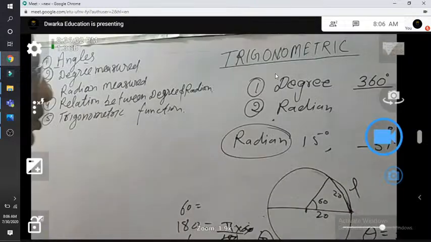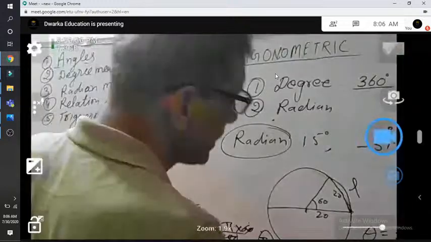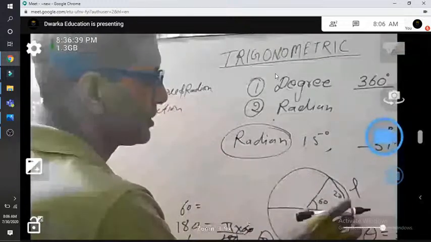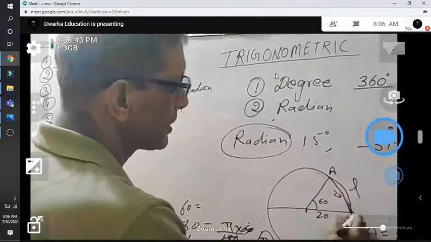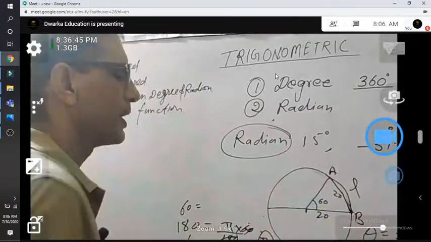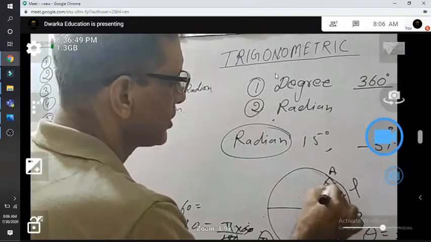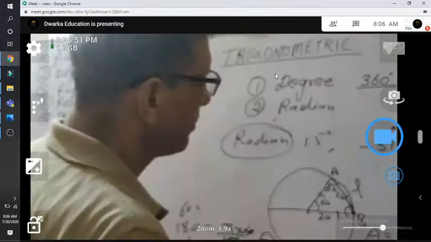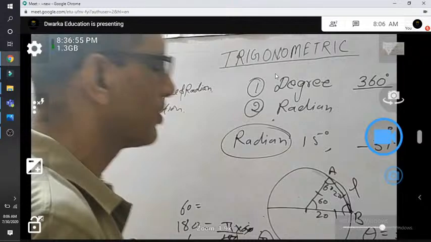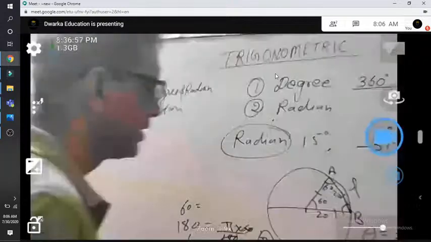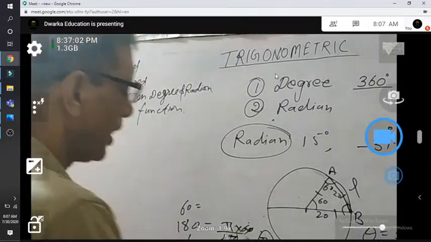मैं दोबारा बता देता हूं आपको, जब भी किसी सर्कल का रेडियस के बराबर आर्क होता है, AB इसका आर्क है, तो ये तीनों भुजाएं बराबर हो गईं, तो एंगल सारे 60 डिग्री के होंगे। और यदि ये एंगल 60 डिग्री का है तो ये कितना रेडियन होगा, यानी इक्वल टू pi by 3 radian.